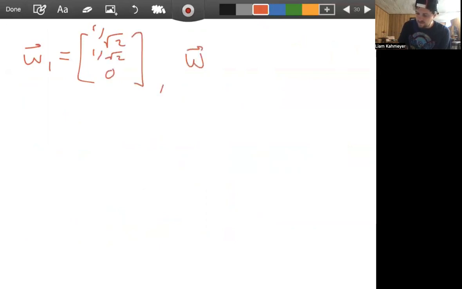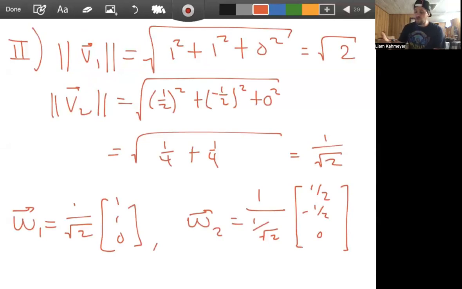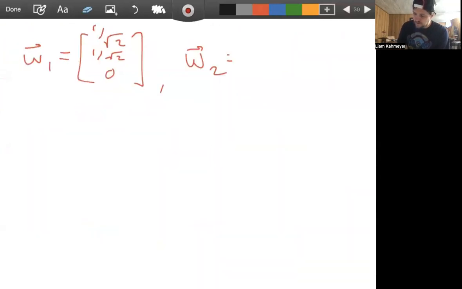And then W2: if you have 1 over A over B, that's equal to B over A. And so in this case, we just get root 2. And so W2 is going to be (root 2 over 2, negative root 2 over 2, 0).